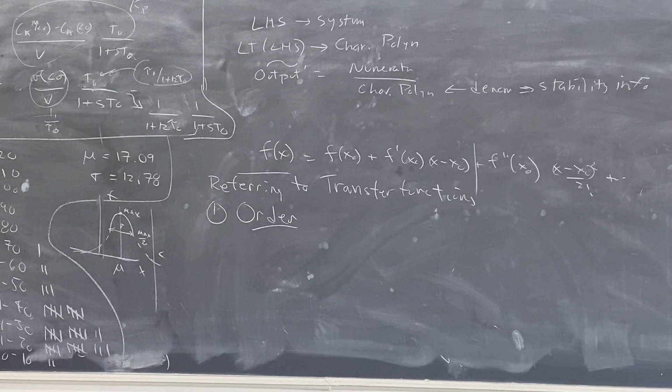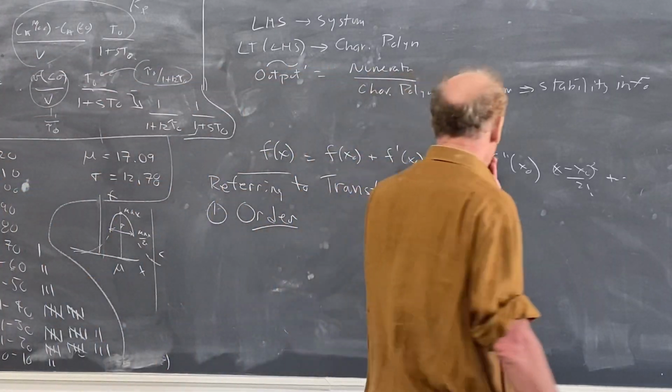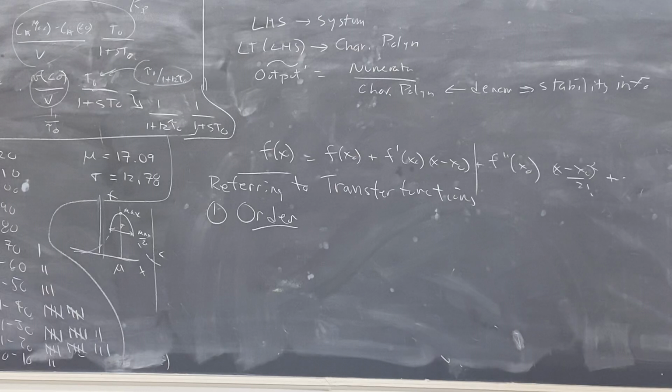The important thing is all the stability characteristics come from the system, not the disturbances. The disturbances drive it. But notice, when I have my transfer function, it's the output prime tilde over the input prime tilde.